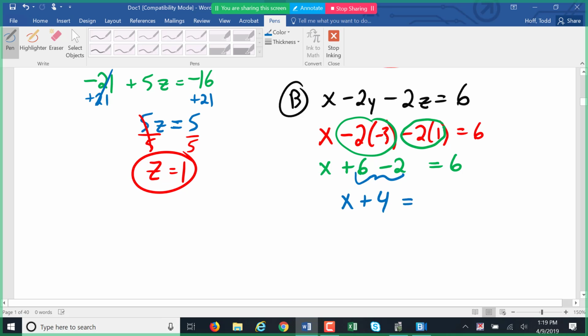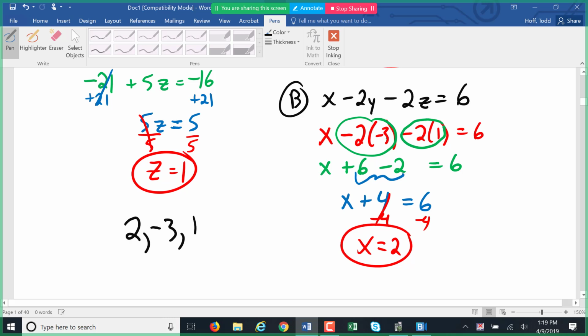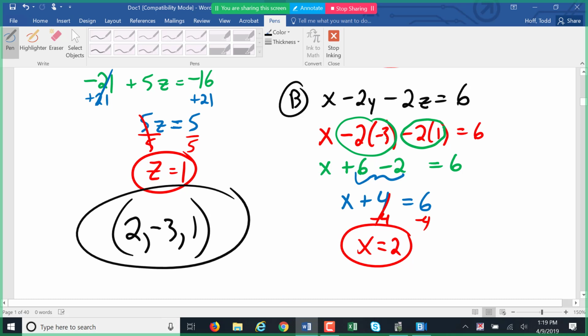So it's x plus 4 equals 6. And then subtract the 4. X equals 2. So we have x equals 2, y equals negative 3, and z equals 1. Any questions?